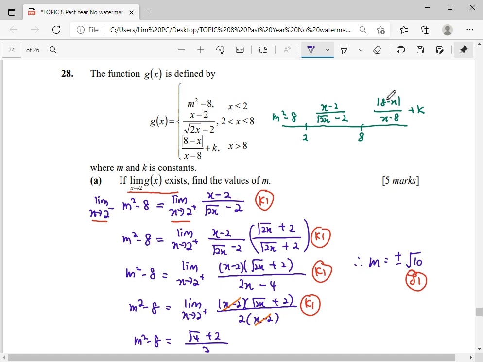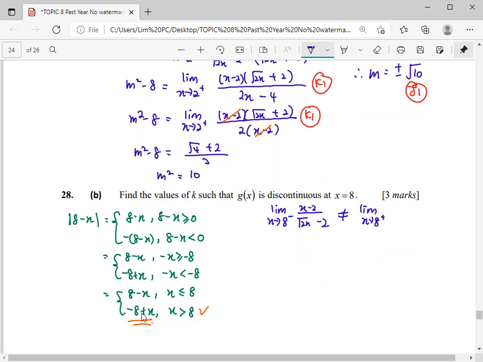So make sure you use the correct modulus, the negative modulus over here.